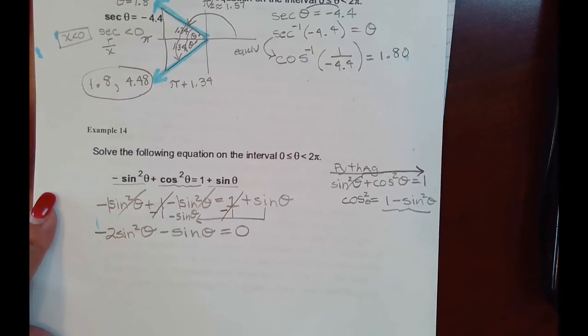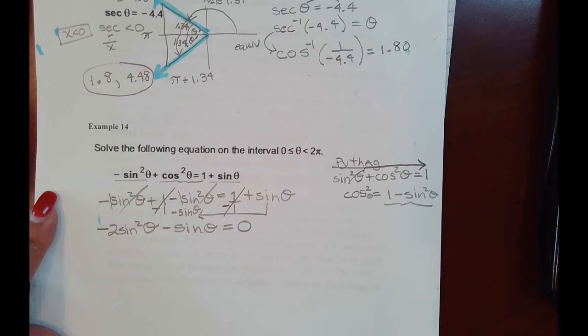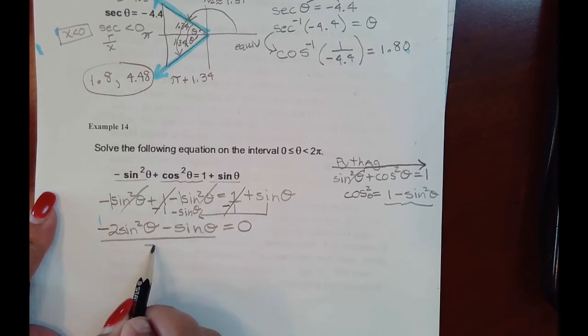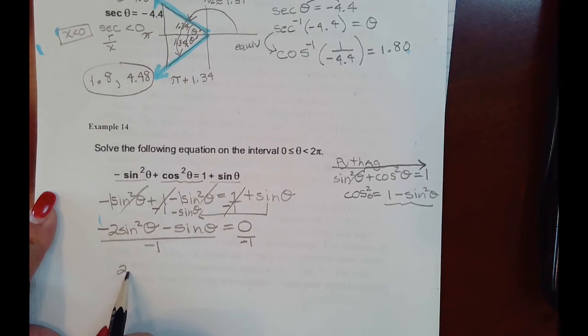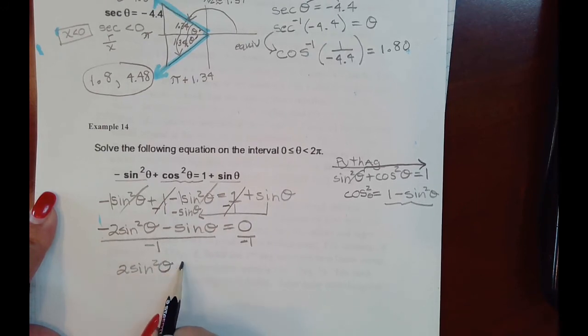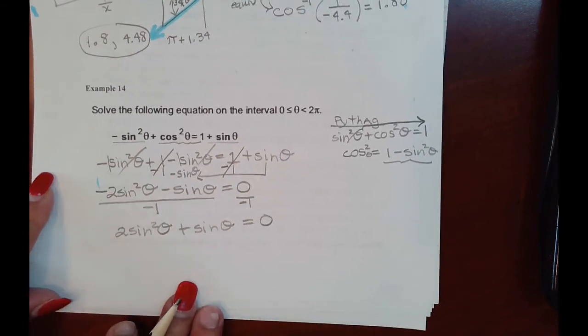Okay, I'm going to factor now, and what I'm going to do is factor by a method called factoring out the greatest common factor. I'm going to divide all of this by -1 first, just because it'll make the factoring easier, leaving myself with 2 sine squared plus sine theta is equal to 0.